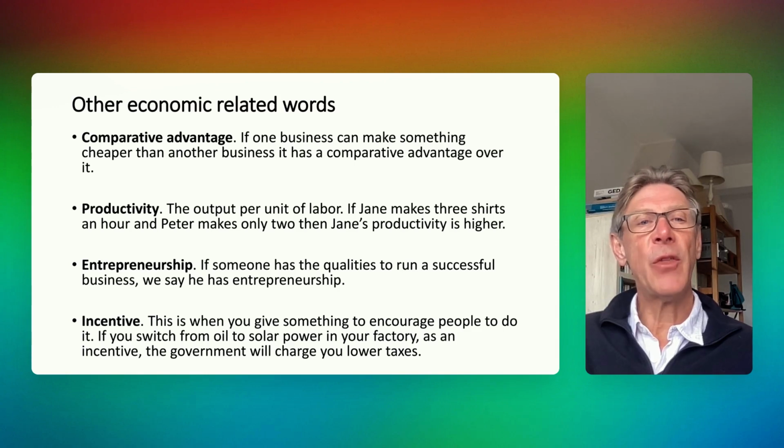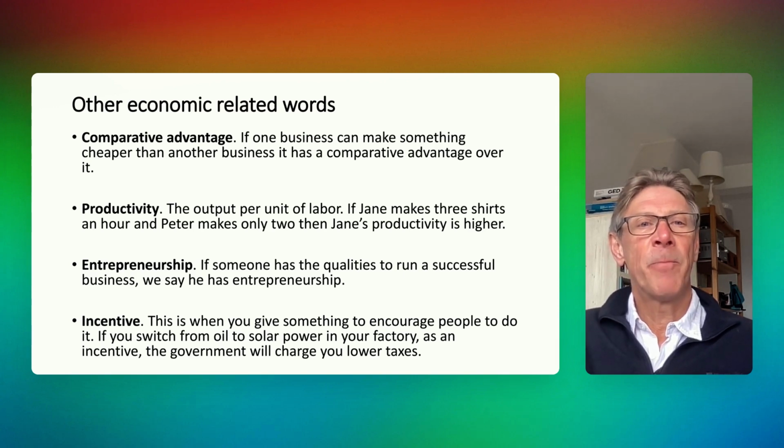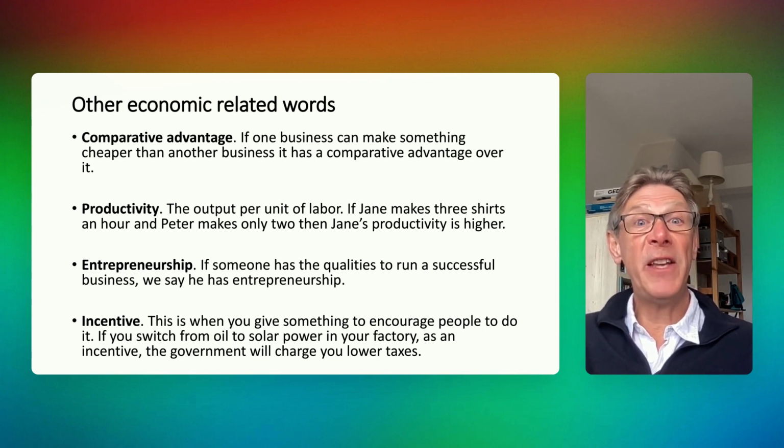Entrepreneurship. The word entrepreneur is a French word. Entrepreneurship is the skill of being able to run successful, profitable businesses. If somebody is great at this, the founder of Google or Facebook or Apple, they've started a business that's become really successful. They are great entrepreneurs. They have entrepreneurship.